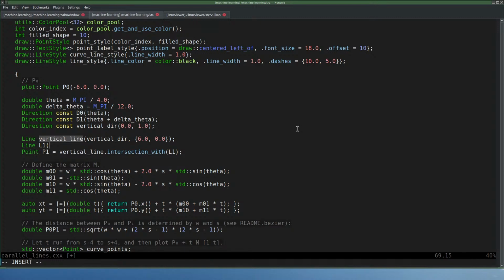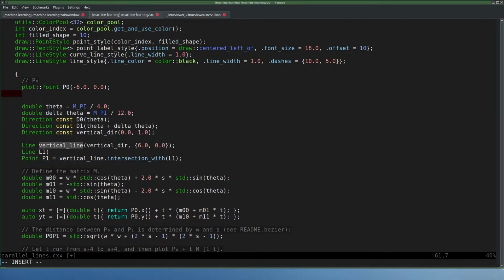No, you have to define the intersection point. Its intersection point was a little bit left of P0, let's say -8, 0. Oh, that's nonsense. Damn it. Did I already define the L0?